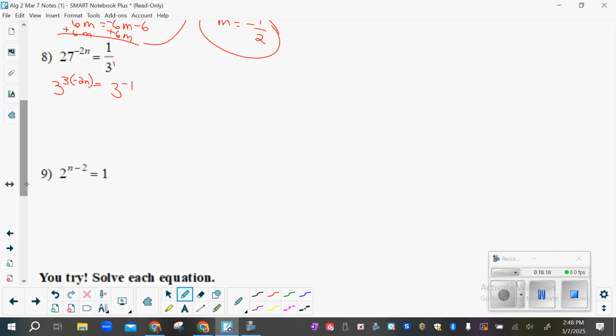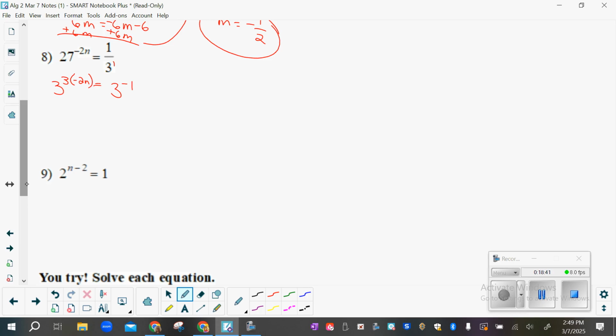We got the bases. What do we do with those exponents? Not yet. I mean, if you want to, you can simplify that. But I want to do something with those bases. Can I take them away? Yes. When I take them away, what do I get?